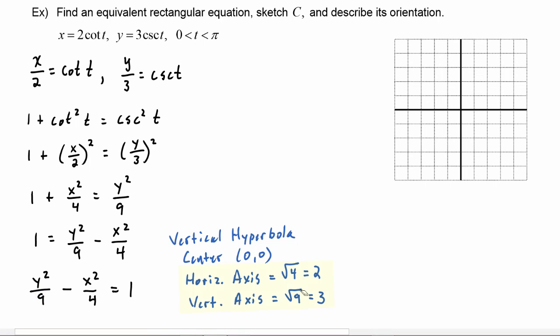Now we use the horizontal axis and the vertical axis to make our box. So in the x direction, we are going to +2 and to -2. In the y direction, we're going to +3 and -3, and we make the box. The asymptotes will have to go through the corners of the boxes.